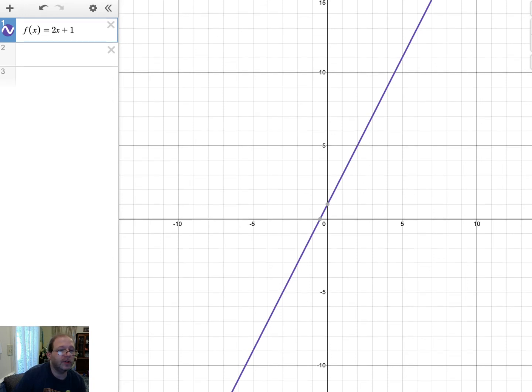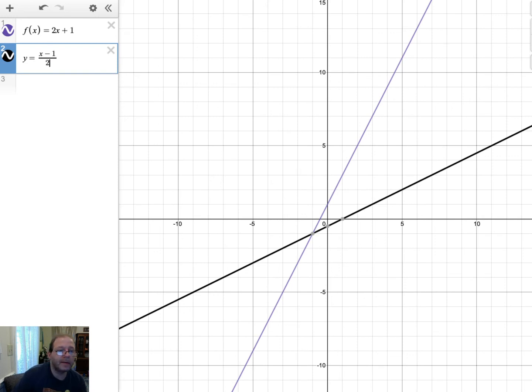If I put in the inverse of that, which is y equals (x minus 1) over 2, we get that. And they are reflections of each other right across the line y equals x.